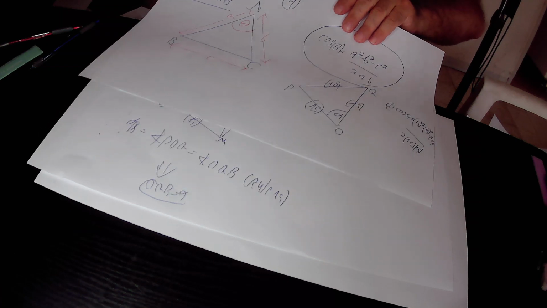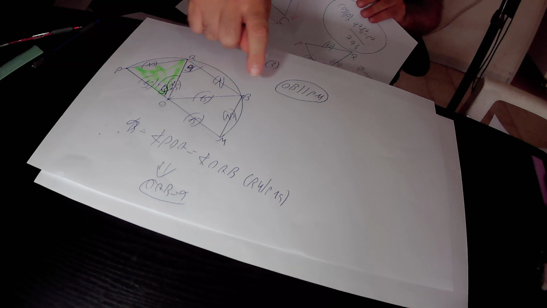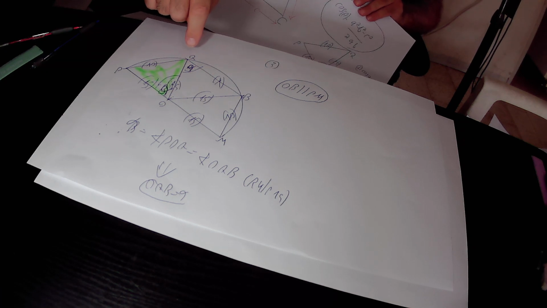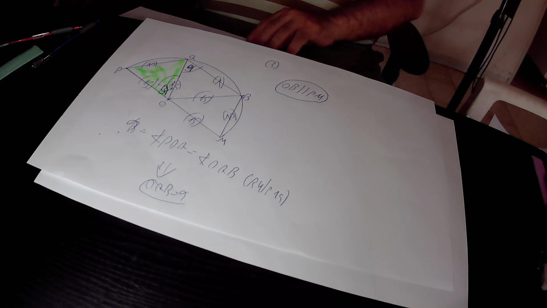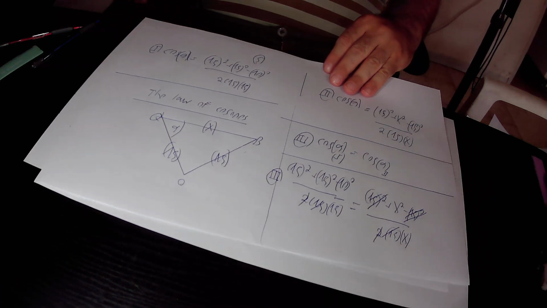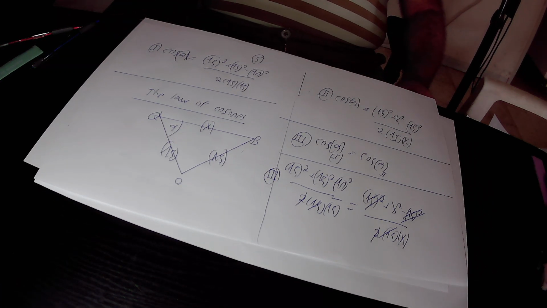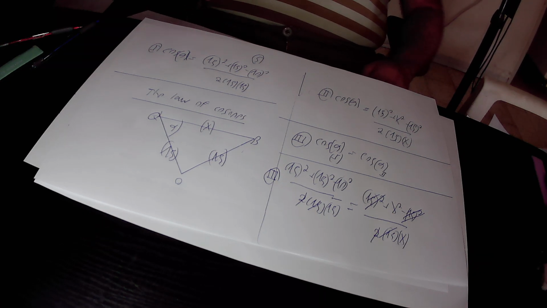In the next step, I copied this triangle QOB, and we implemented the law of cosines in this triangle QOB. According to equation 1, we found that in the green triangle, cosine alpha equals 15 squared plus 15 squared minus 10 squared over 2 times 15 times 15. This is triangle QBO that comes from the original drawing.